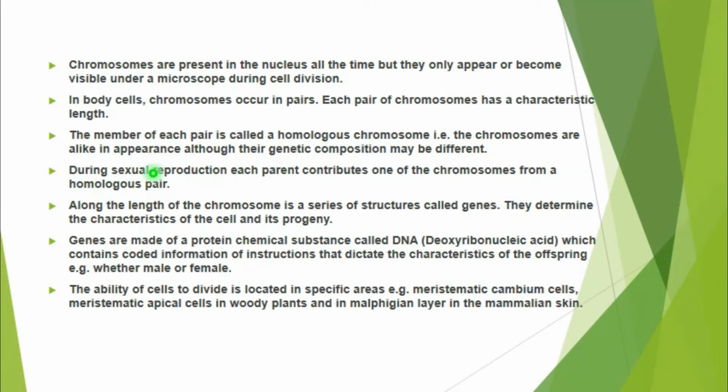Now, what happens during sexual reproduction is that each parent contributes one of the chromosomes from a homologous pair. Like now in a sperm, we have X and Y chromosomes, while in an ovum, we have XX chromosomes. So during sexual reproduction, what will happen? Let us say the sperm gives out an X chromosome, and the ovum gives an X chromosome.